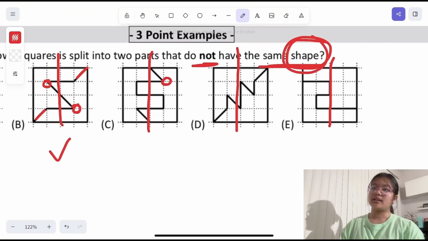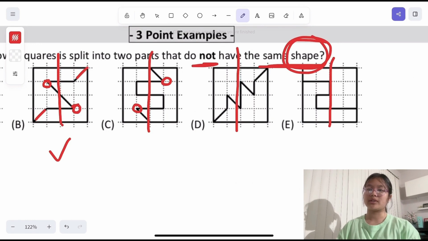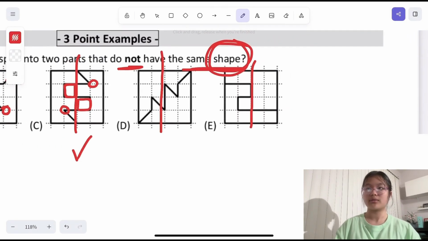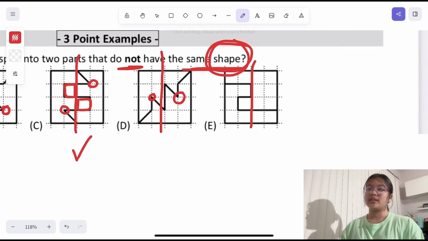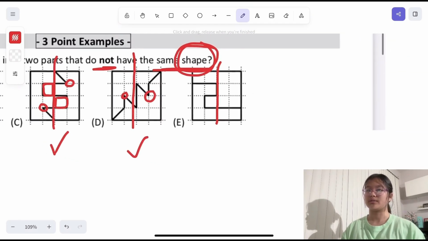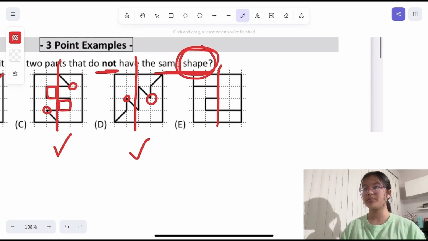C looks symmetrical because there's a point there, a rectangle there, and there's also a rectangle. Yep, so C works. Now D, there's a point there, and it's basically just mirrored. So yes, it works and it's symmetrical.